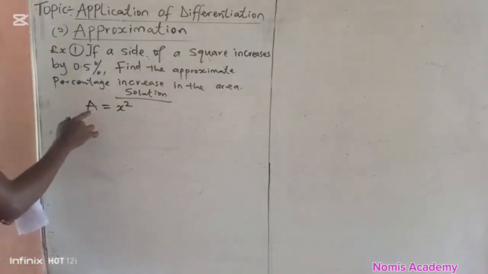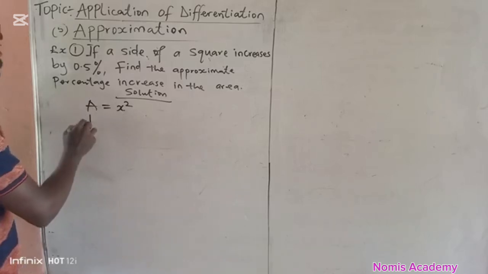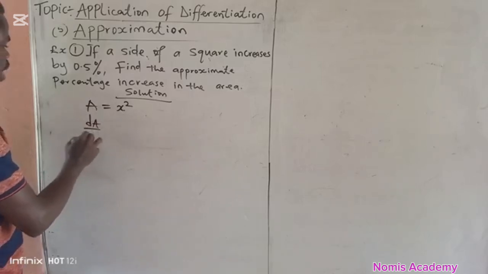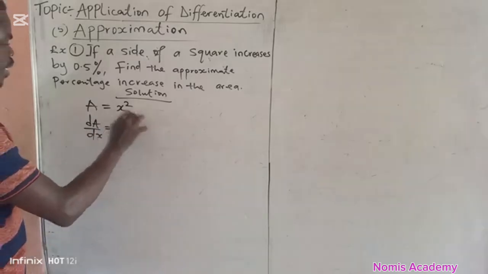Now we are going to differentiate A with respect to x, and that will be dA over dx, which is equal to 2x.